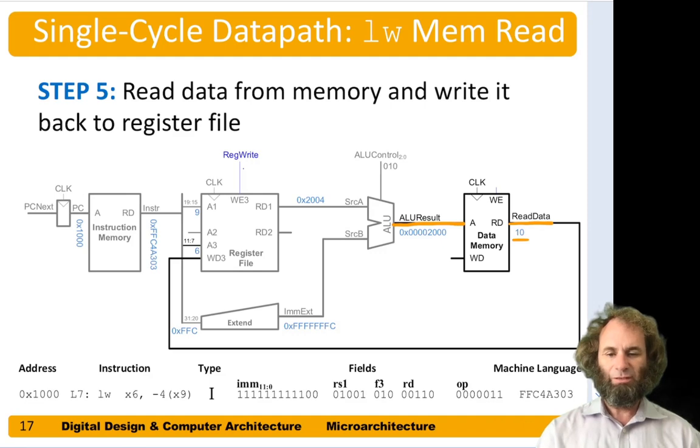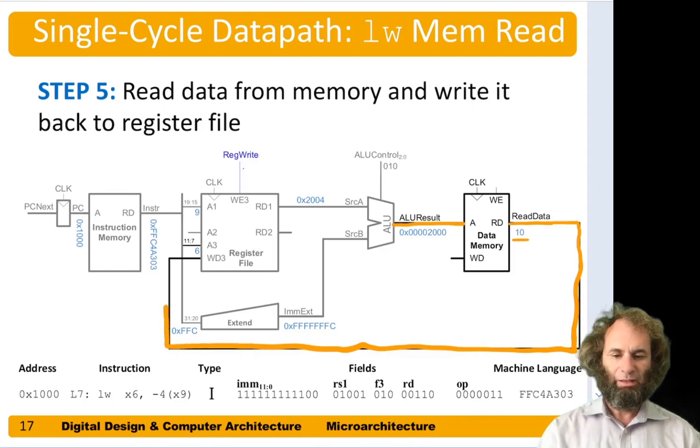And finally, we need to write that value back to the register file. So let's add a wire bringing the data out of the data memory and back to the write data terminal of the register file. The address we want to write to is register 6, which was in bits 11 through 7 of the instruction.